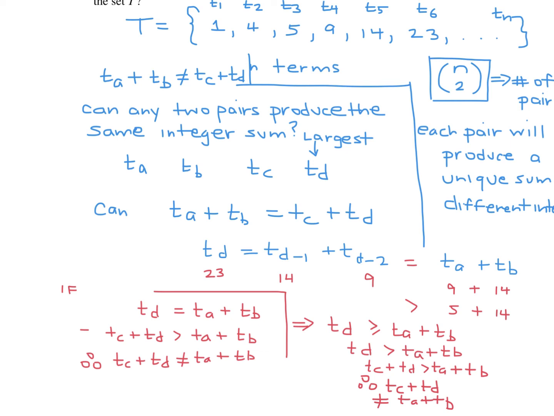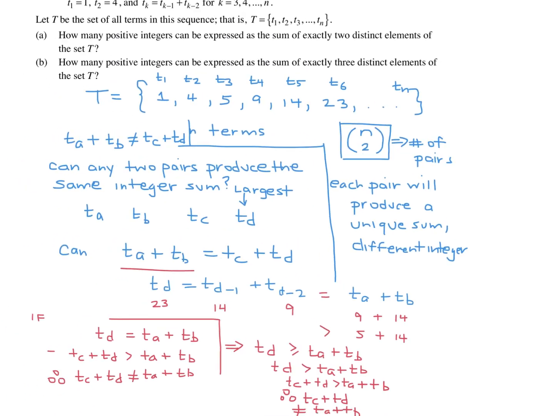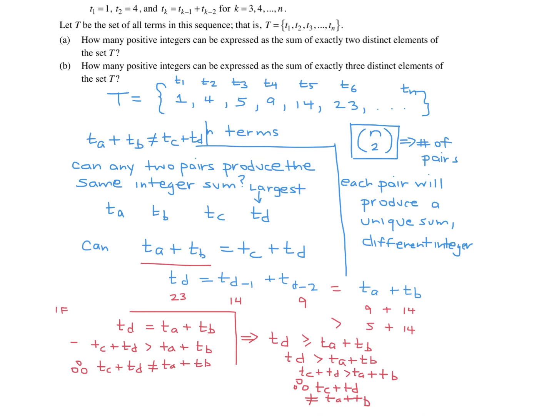So in both scenarios, we showed that this is not possible. We cannot have two sums that are equal. And therefore, that means that all the sums are unique. So my original question, does each pair produce a unique sum? Can any two pairs produce the same integer sum? And the answer is no. So therefore, the answer to this question is just n choose 2, because all of those pairs will produce a unique sum, a different integer.